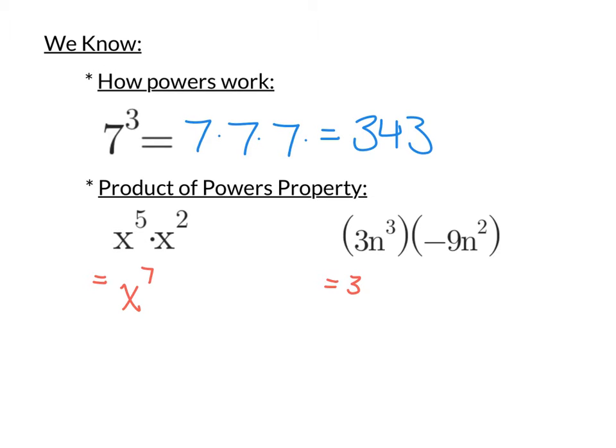So we could rearrange this as 3 times negative 9 times n to the third times n squared. Then 3 times negative 9 is negative 27. And n to the third times n to the second, we would add those powers together and get n to the fifth.